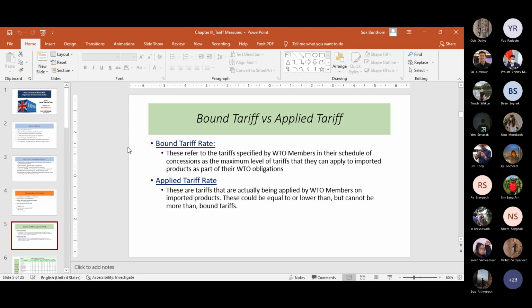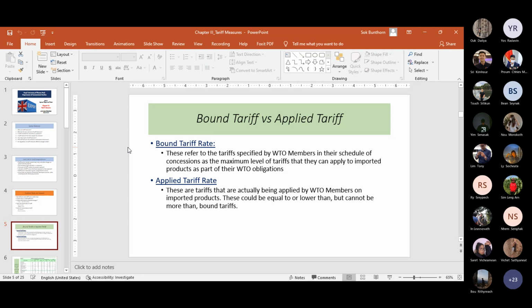Applied tariff rate is the applicable, or what we call the real or actual, rate that we apply. So what is the difference from the bound tariff rate?